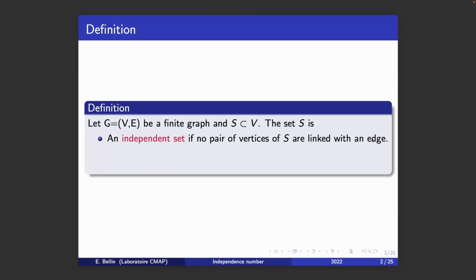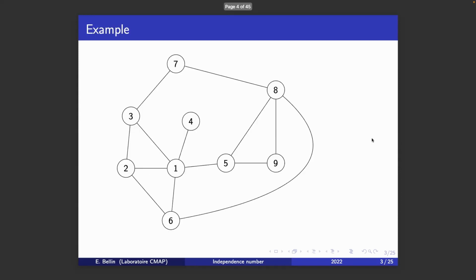If we have a general finite graph G, we say that a set of vertices is an independent set if no pair of vertices is linked with an edge. Moreover, we say that an independent set is maximal if it is maximal in the sense of cardinality. Notice that here we are not talking about maximality in the sense of set inclusion, which would also be interesting, but here we talk about maximality in the sense of cardinality.